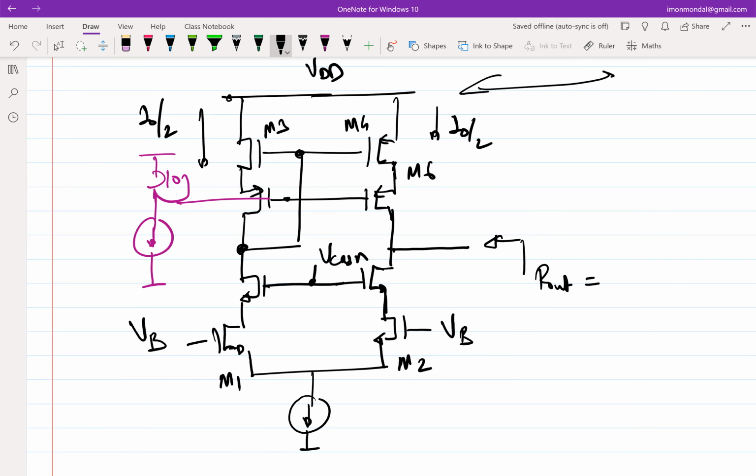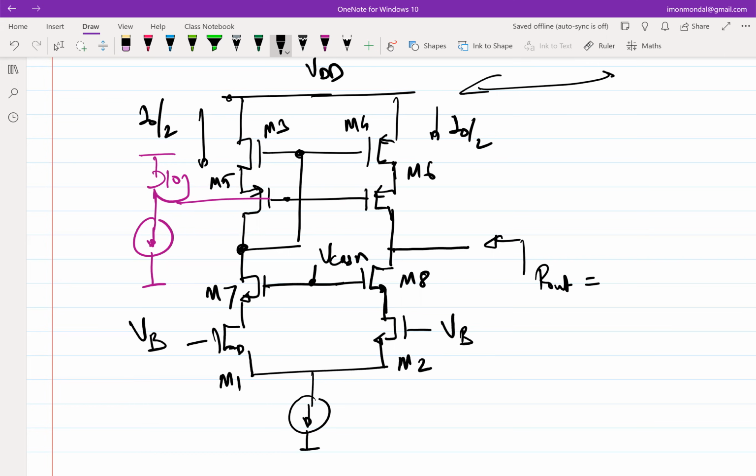So earlier it was GDS4 plus GDS2, but now I have cascode. So what will be the output impedance? What is the sum of all the GDS of? Is it only that? So think of it in this way.